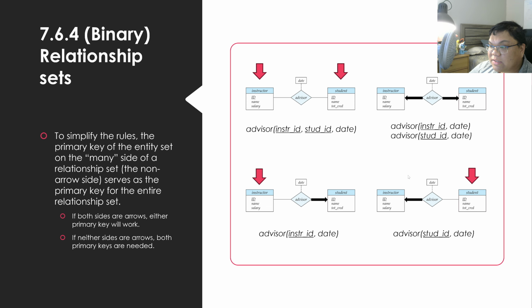To simplify the rules, the primary key of the entity set on the many side of a relationship set serves as the primary key for the entire relationship set. There are only two special cases for this. If both sides are arrows, either primary key will work. If neither side has arrows, you need both primary keys.